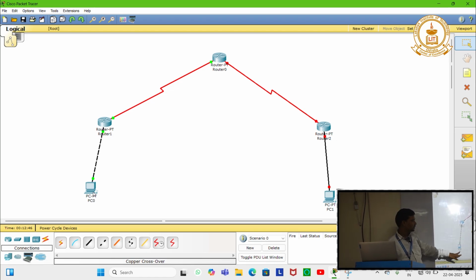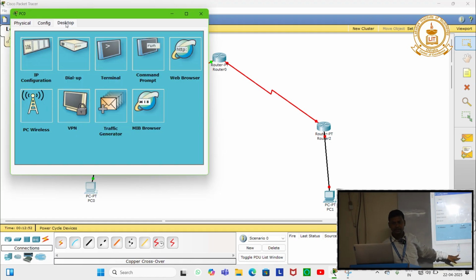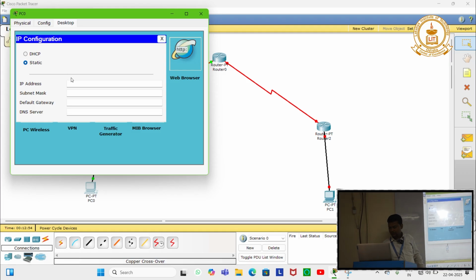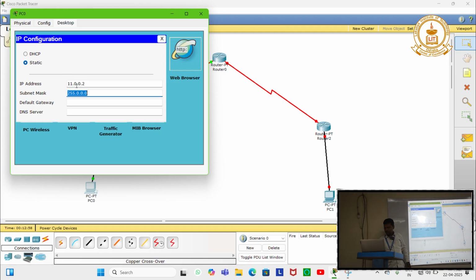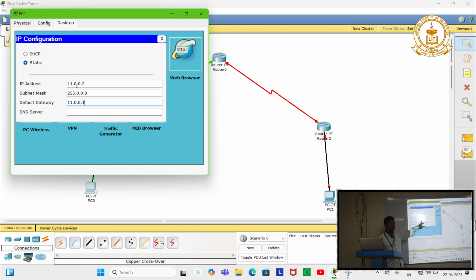So we are using PC0. Simple, in PC0 there is a desktop IP configuration. The system IP is 11.0.0.2 and the subnet mask is 255.0.0.0 and the default gateway is what? 11.0.0.1. Default gateway means entry and exit path of the network.